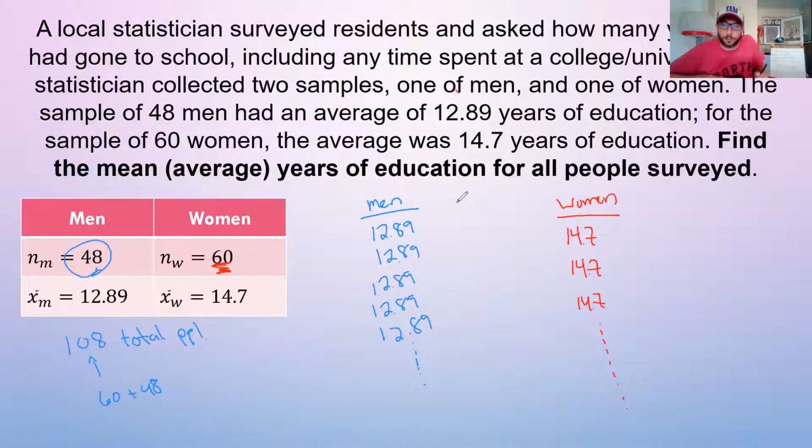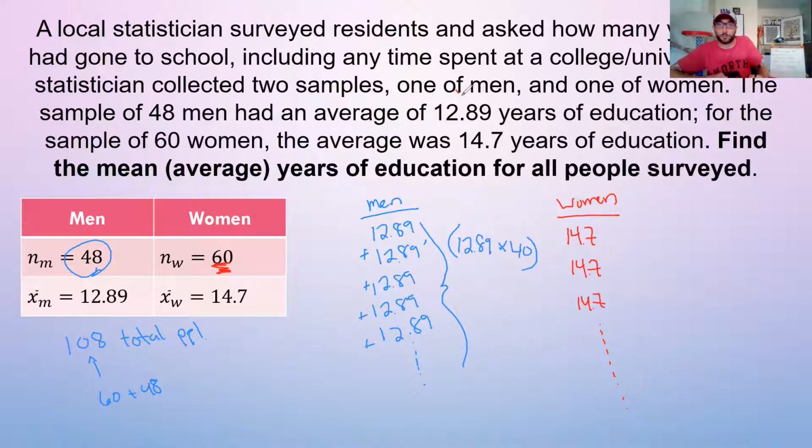But to find an average, I would do 12.89 plus 12.89 plus 12.89 plus 12.89. I could add 12.89 48 times, then I could add 14.7 60 times. But again, I don't have time for that. If we think about it, adding 12.89 48 times is the same thing as 12.89 times 48.